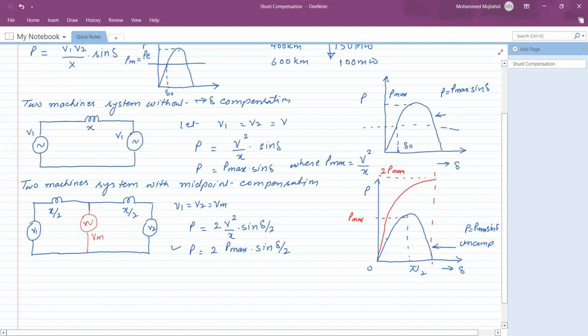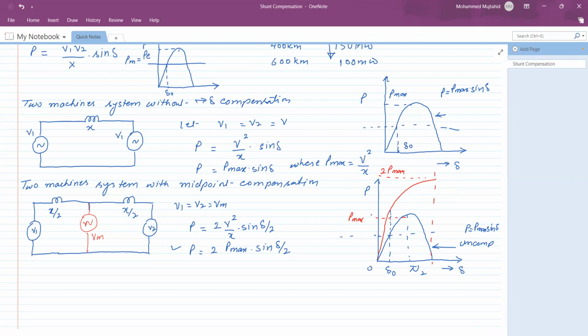Earlier this is the power transmitted by the transmission line, but here with the help of shunt compensation, the power handling capacity of the existing transmission line can be increased.